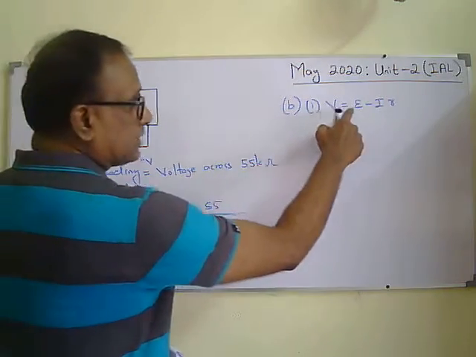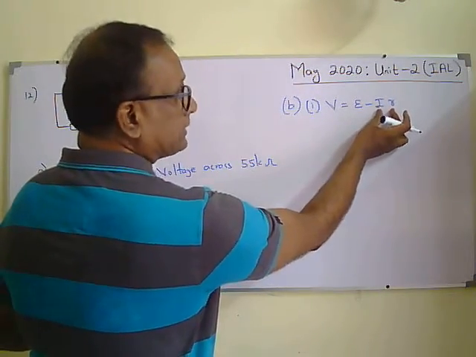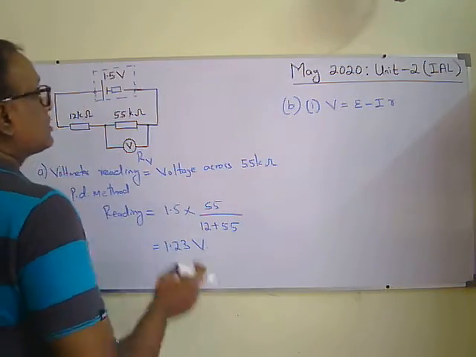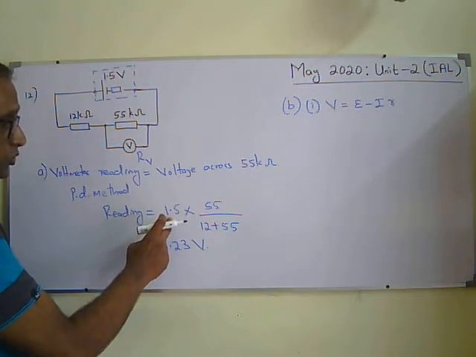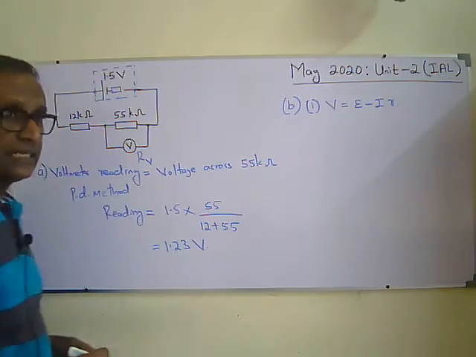That will be smaller than 1.5, because a certain amount of voltage drops inside the cell due to the internal resistance. So the voltage I used here, 1.5, should be a value smaller than 1.5 if it has internal resistance.